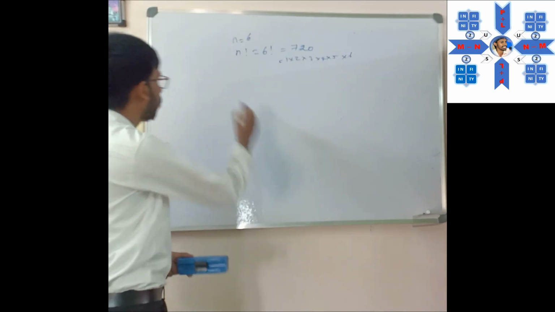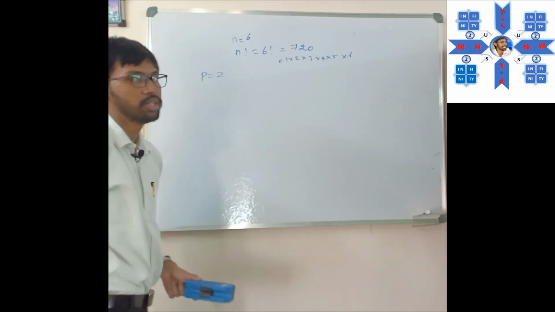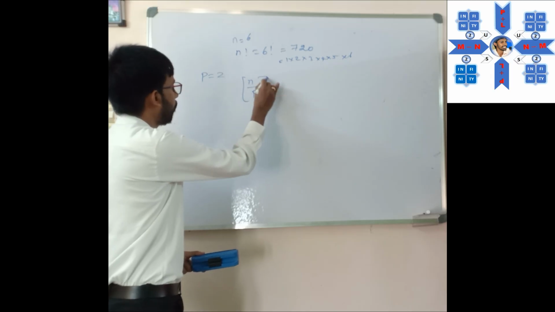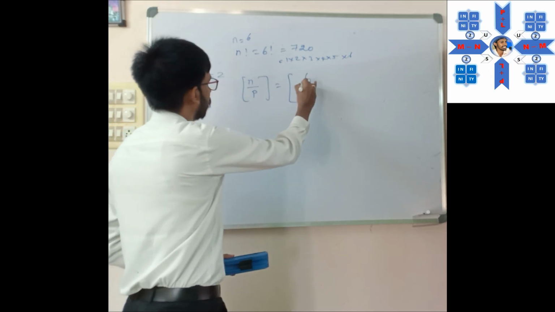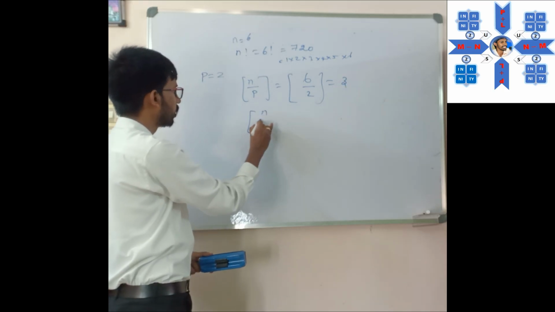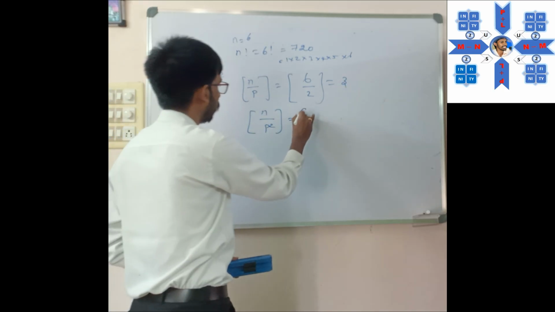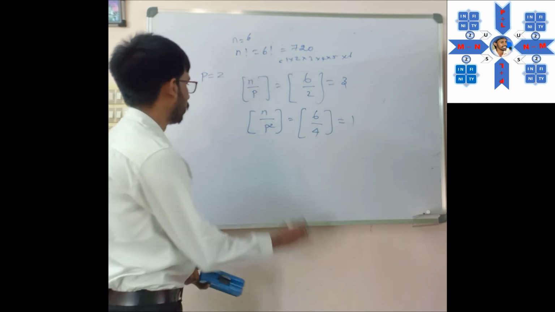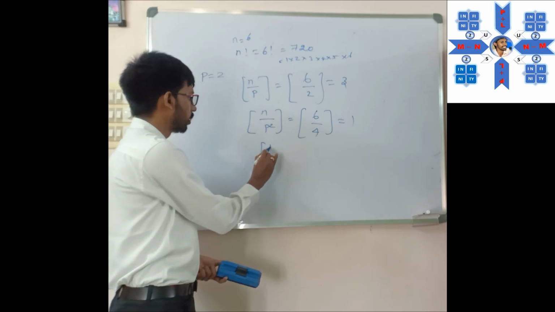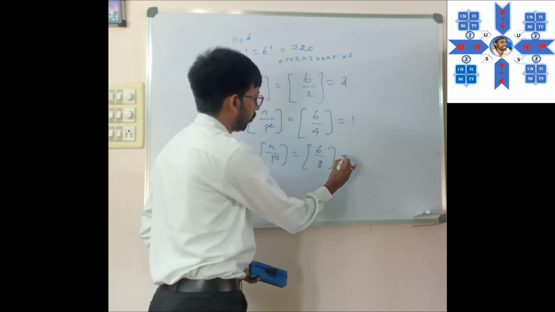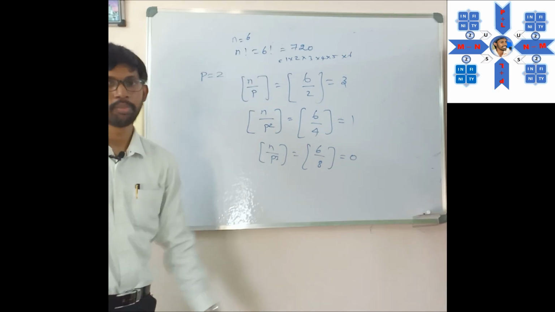Let me assume p equal to 2 for convenience. The greatest integer function of n by p equal to 6 by 2 equal to 3. For n by p square, 6 by 4, that is 1 point something, so 1. For n by p cube, 6 by 8, that is 0 point something, so it will be 0.